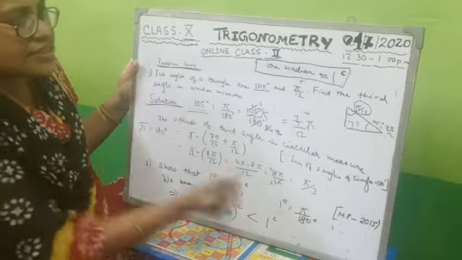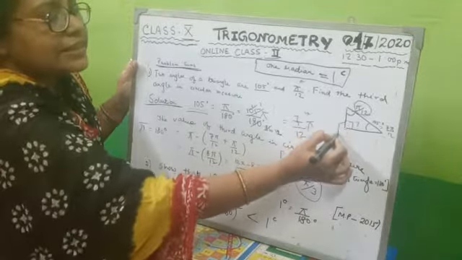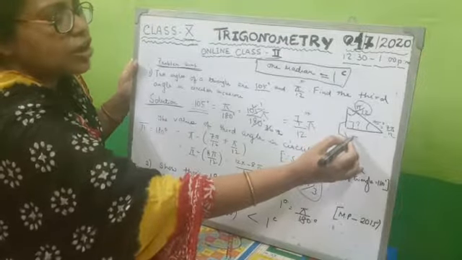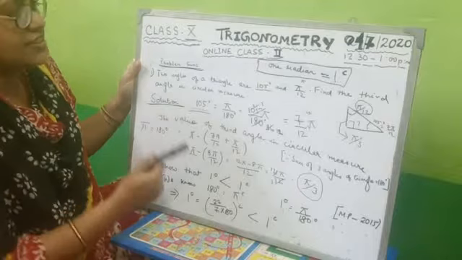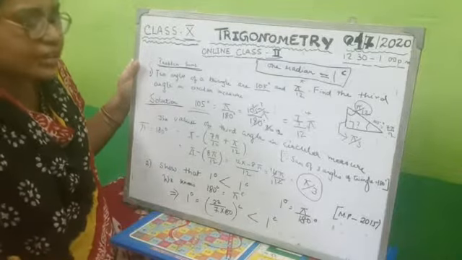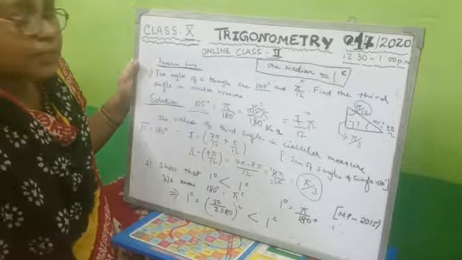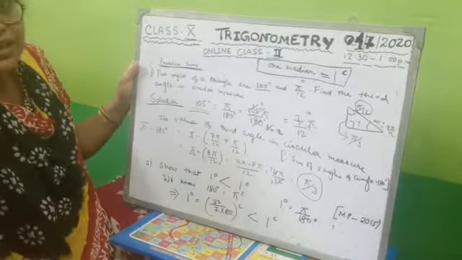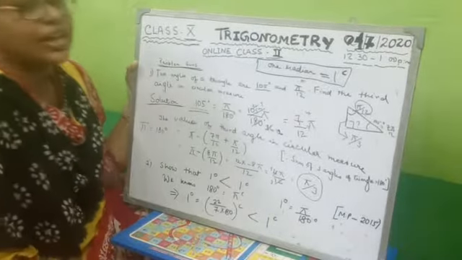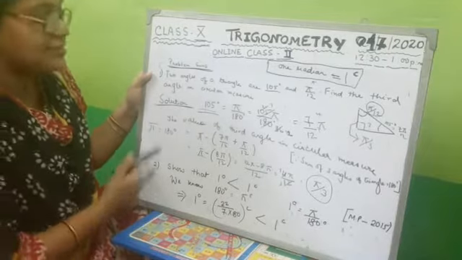This is the third angular measure of the triangle. Clear? So the first is 7 pi by 12, second is pi by 12 and the third is pi by 3. Clear, children? Very good. Now, let's move to another sum.